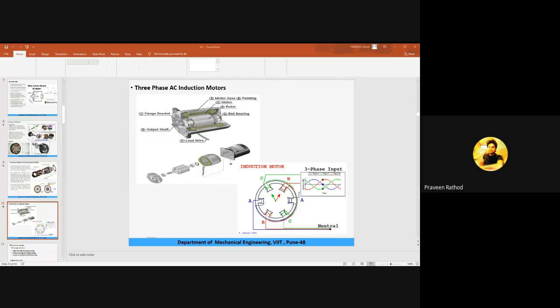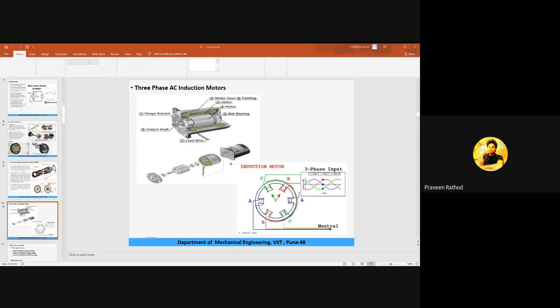The rotor, indicated with the arrows, is made up of laminated silicon steel, and the shape of the rotor is cylindrical.